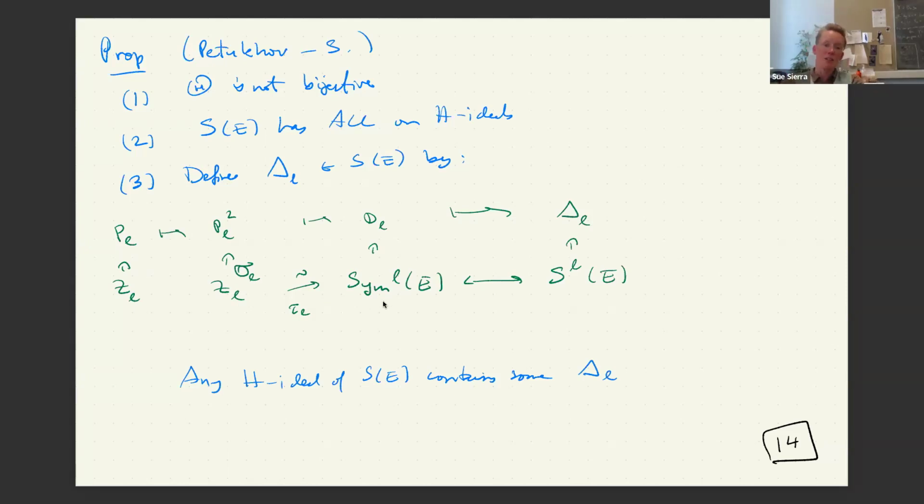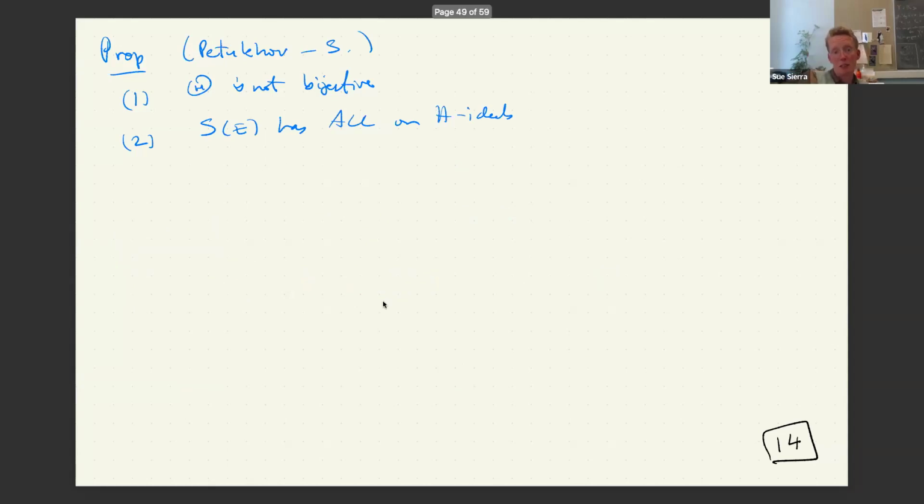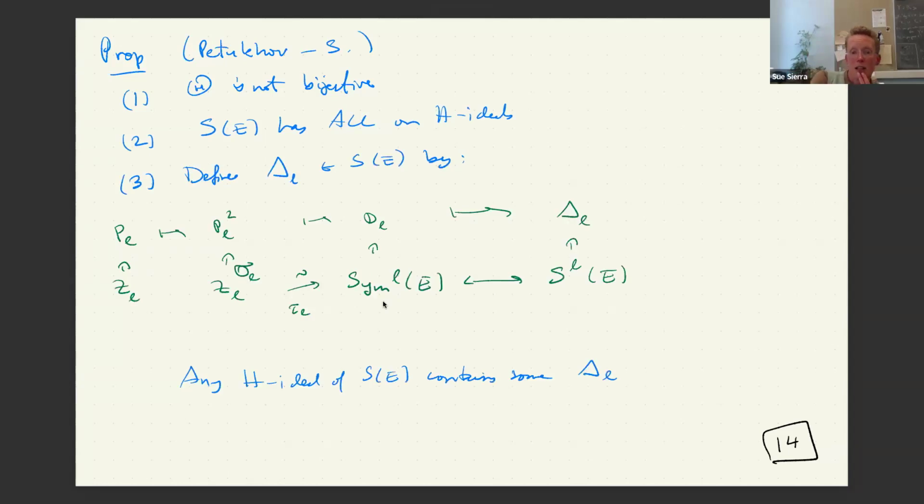Symmetric polynomials are in bijection with symmetric invariants in my L-fold tensor product under my bijection between the polynomial ring Z_L and E tensor L. So this P_L squared goes to an element I'll call D_L in the symmetric elements of my L-fold tensor product. And then finally, there's a natural bijection between the symmetric elements of the L-fold tensor product and the Lth symmetric power. So I get an element delta L in my Lth symmetric power S^L of E. And the third part of the proposition is that any H ideal of S of E contains one of these discriminants, delta L.